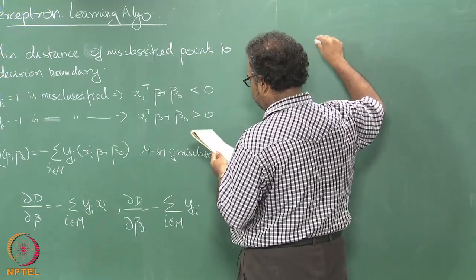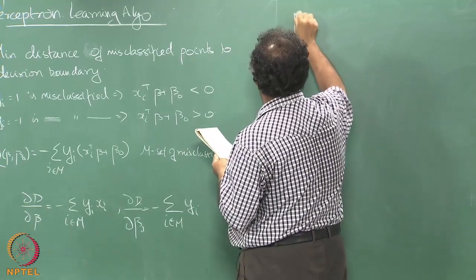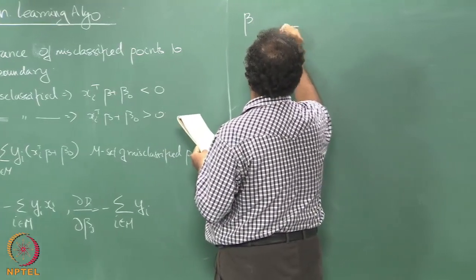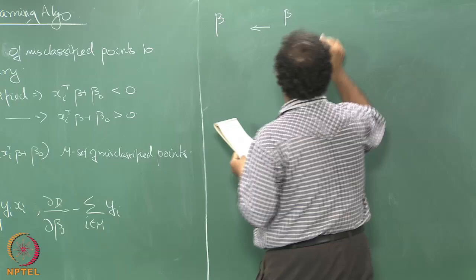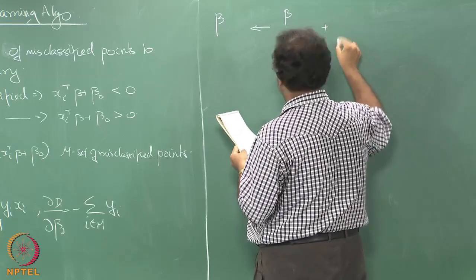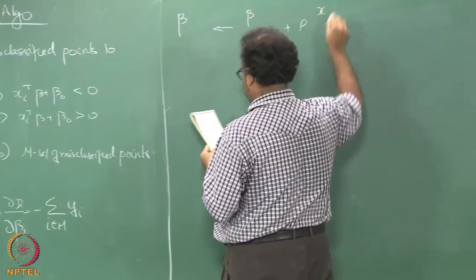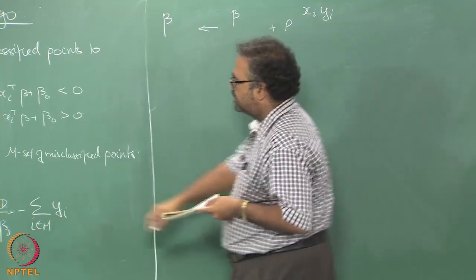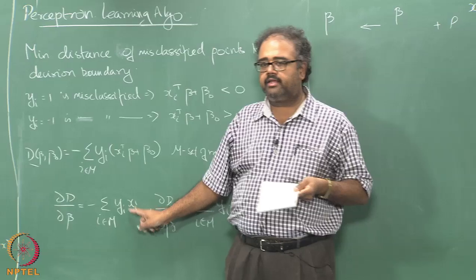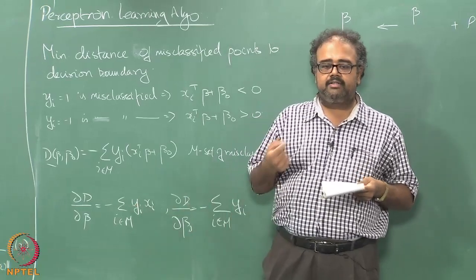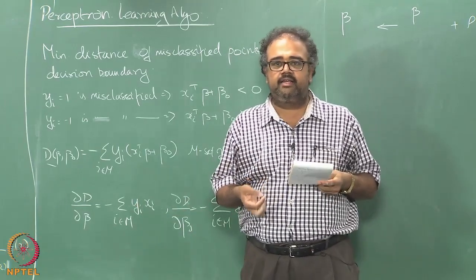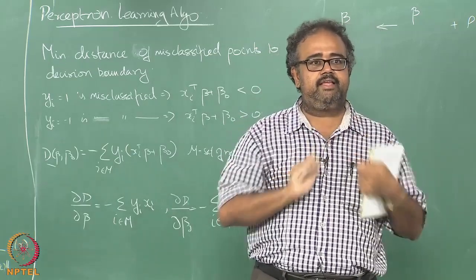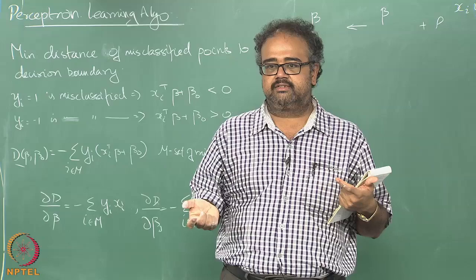So what we are going to do is essentially take beta. The gradient is xi yi, but since I am anyway doing stochastic gradient, as soon as I find one misclassified data point, I am going to find the estimate of the gradient and move in that direction.